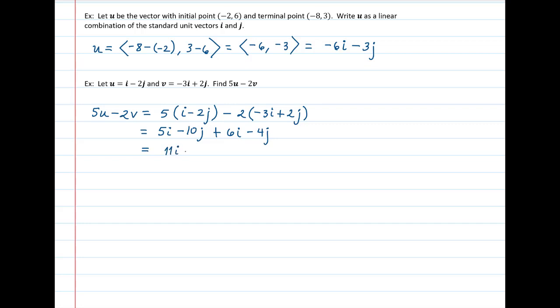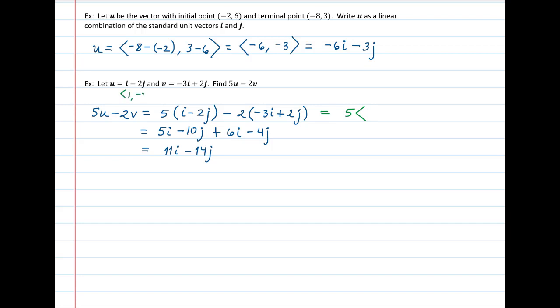It's literally a sum, guys. So distributing the 5 and the -2, we get some terms that have i's and some terms that have j's. We combine like terms like you would normally do with any variable, and we get 11i minus 14j as our final vector. Remember, we're adding vectors here, so our answer is going to be a vector, right?